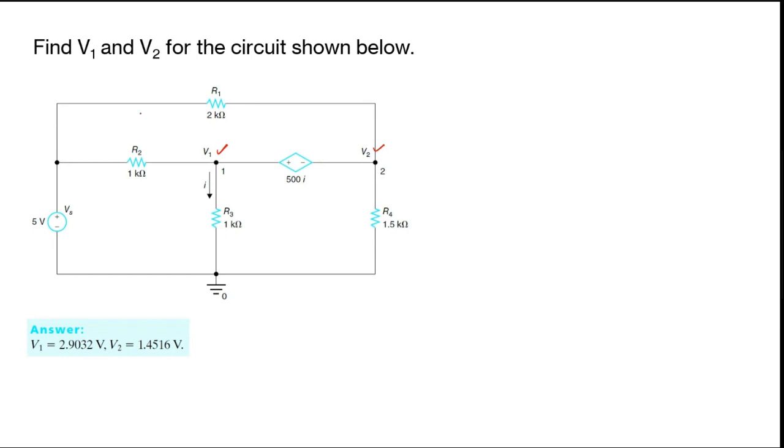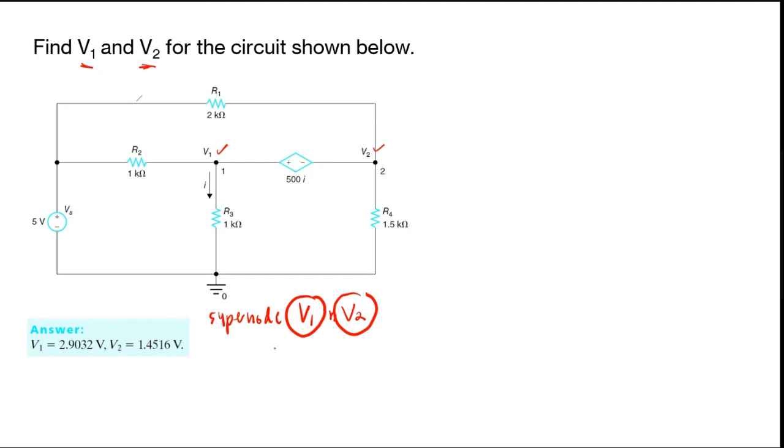Alright, so for this example also, the question asks you to find V1 and V2. Obviously we have a supernode at V1 and V2, where we have the supernode V1 and V2 here.